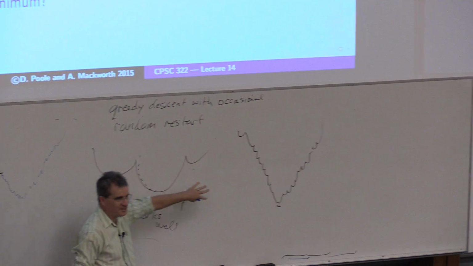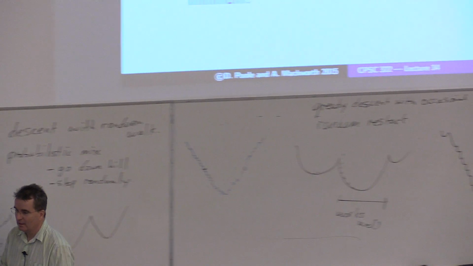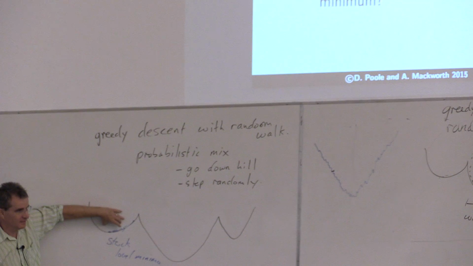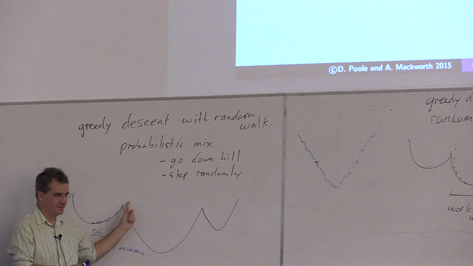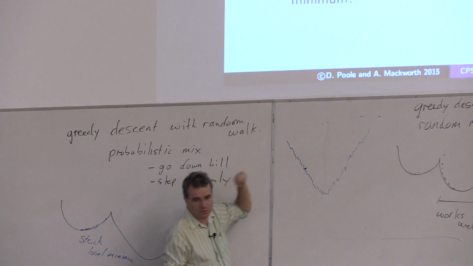It's hard to imagine, but hopefully that's a useful way to imagine what's going on. Sometimes you get local minima that you get stuck in and can't escape by random walking, and some of the times you get local minima that you can escape with local walking.